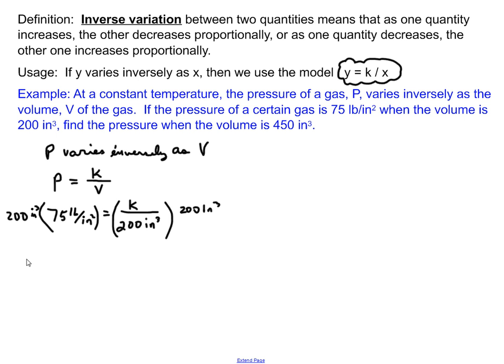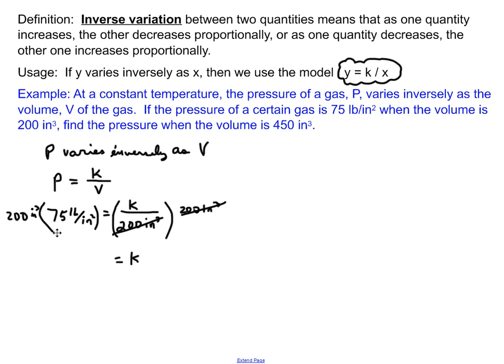Okay. So when we multiply that, let's see what happens. Of course, the 200 cubic inches and the 200 cubic inches here reduce out, leaving us with k. If you want to multiply 75 times 200, remember 75 times 2 is 150, and we have 3 zeros after that one.